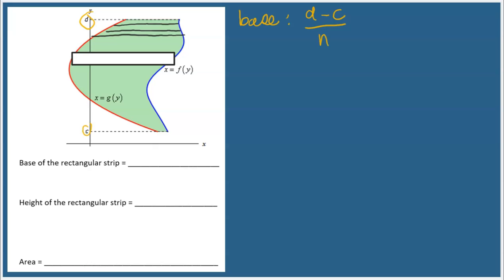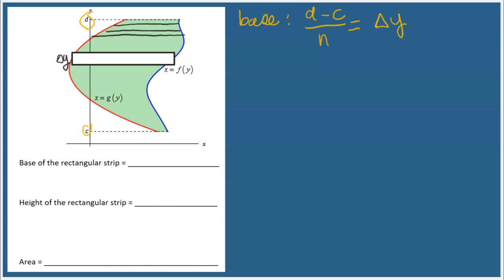Well, let's say we have n of them. Then again, we are going to define that as delta y, change in y. So that is the base of the rectangle. Right here, this is delta y, the base of that rectangle, right?